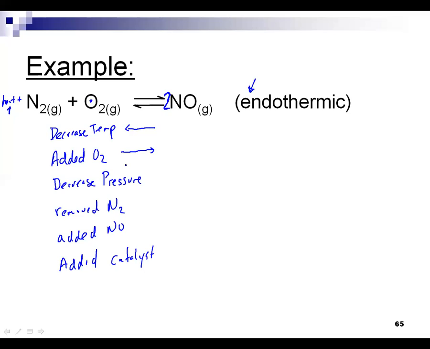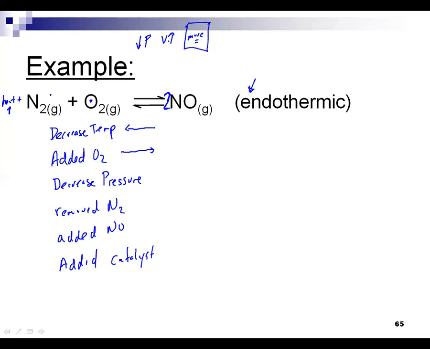Now, here we're going to decrease the pressure. Pressure and volume are related to each other. So if we decrease the pressure, the volume should go up, which means we essentially have a bigger volume, which means we need more gas molecules to take care of that.